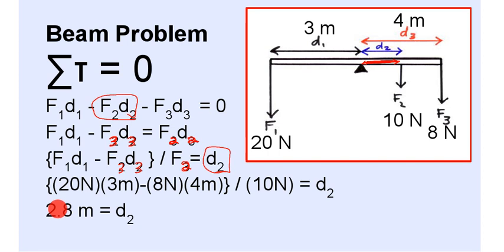When I do all that, I get 2.8 meters. Okay. If I have a 20 Newton force and a 10 and an 8, that makes 18. If I've got these distances, 3 meters and 4 meters fixed on those, then this needs to be 2.8 meters to balance this thing and make it static.